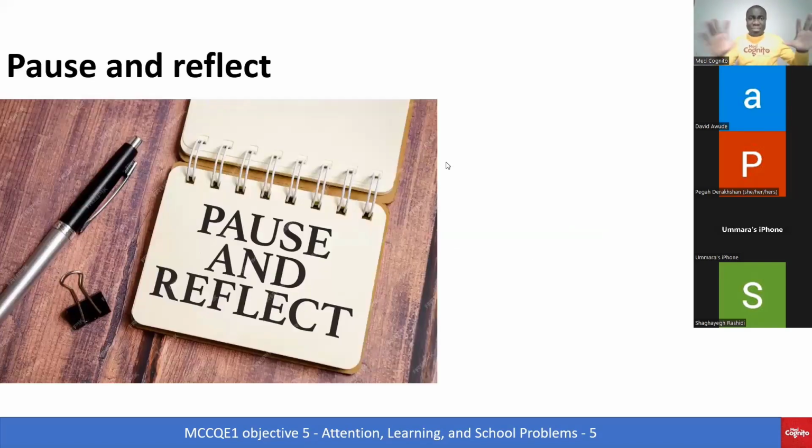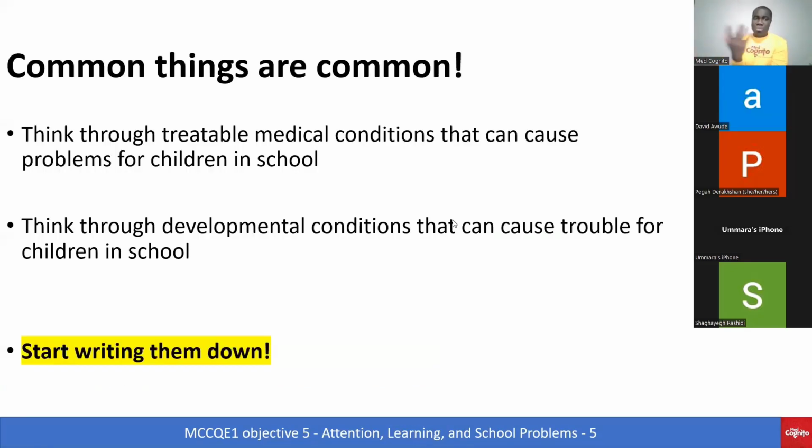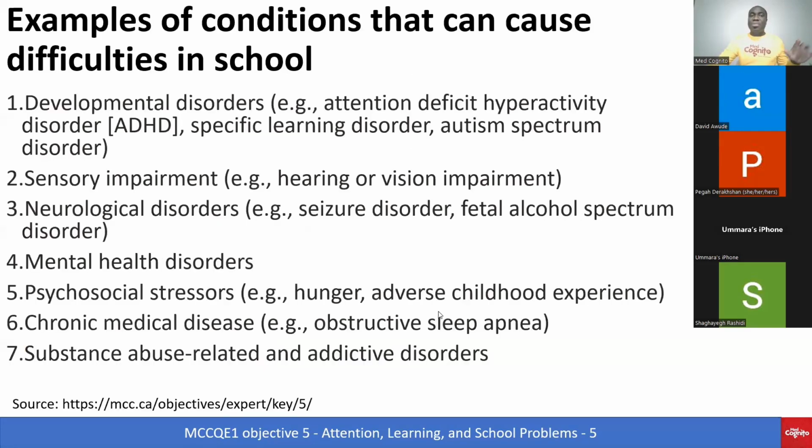When you are learning, why are people able to tell which topics they have to learn for the exam? It's very simple, because if you go through the objective, you will know. So I always say think through treatable medical conditions that can cause problems for children, and think through developmental conditions that can cause trouble for children in school, and write them down.